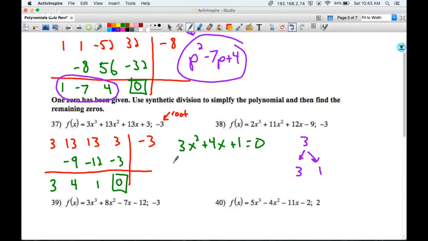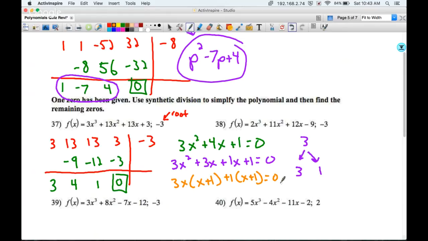All right, now I write this out as 3x squared plus 3x plus 1x plus 1 equals 0. Now it's a polynomial of 4 terms. Let's try factoring by grouping. 3x, x plus 1, plus 1, x plus 1 equals 0.